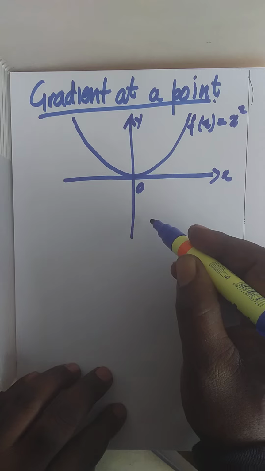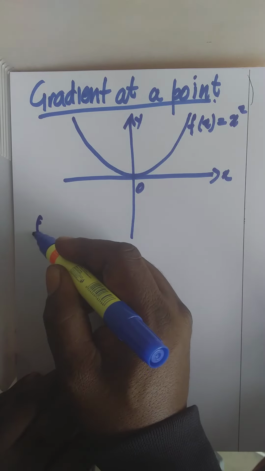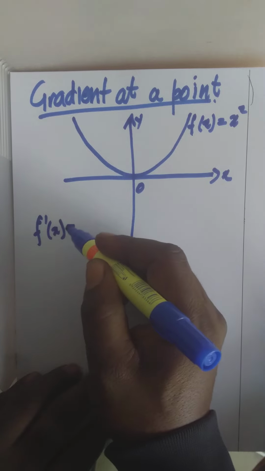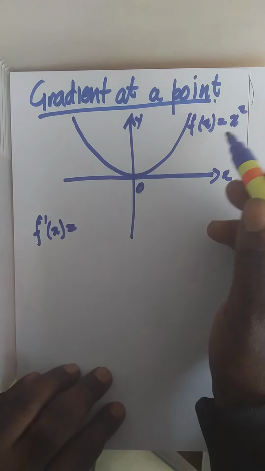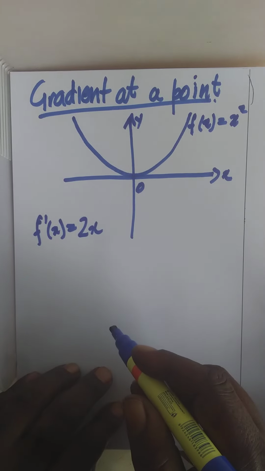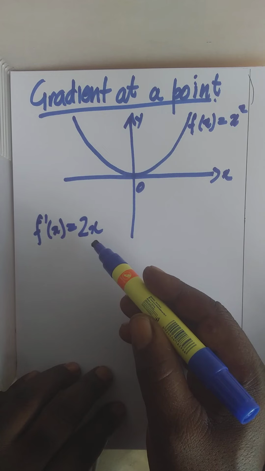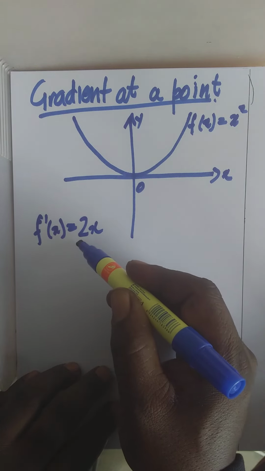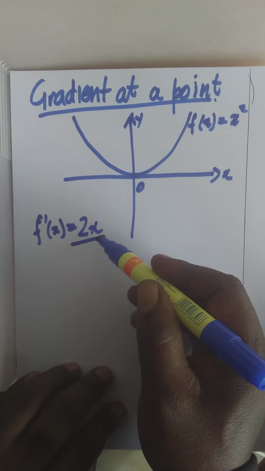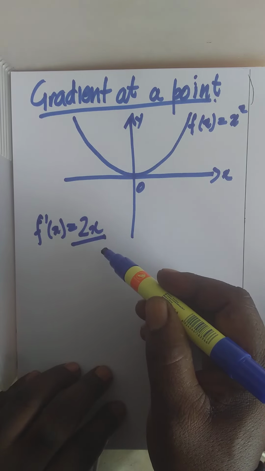We know that the derivative for this function f of x equals x squared, f prime x will be equal to 2x. Now let me show you what I mean. This is the gradient and the gradient is dependent on x.